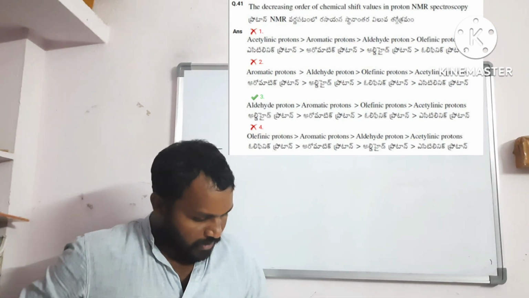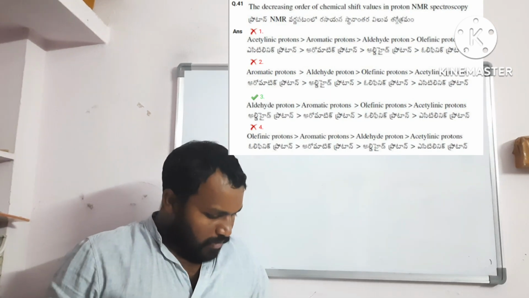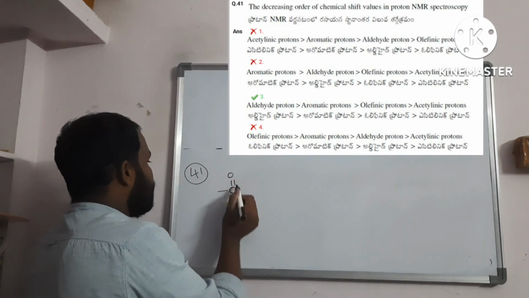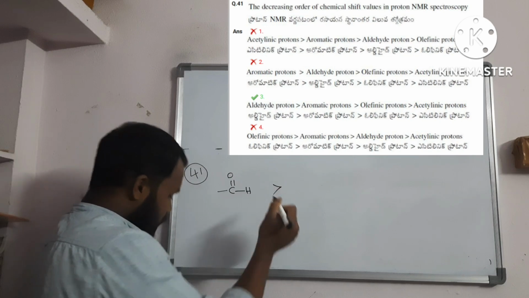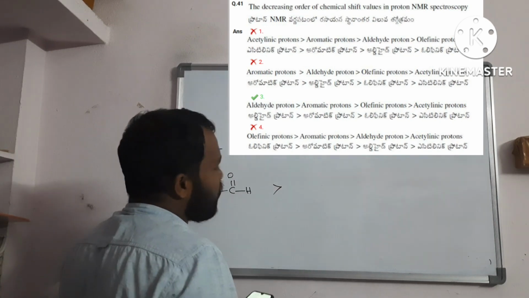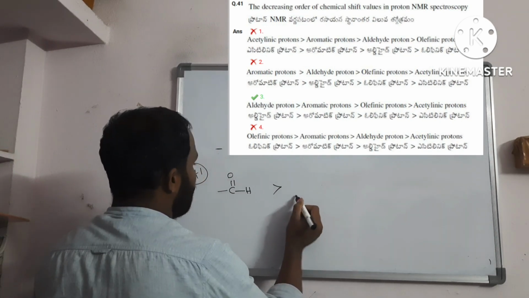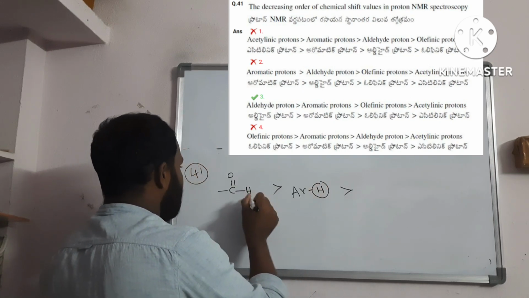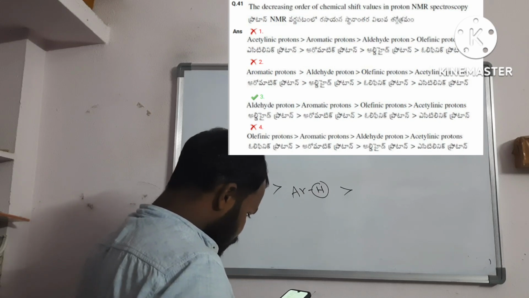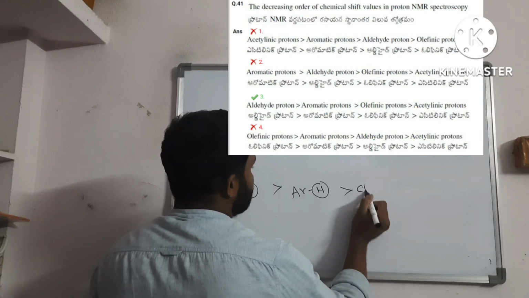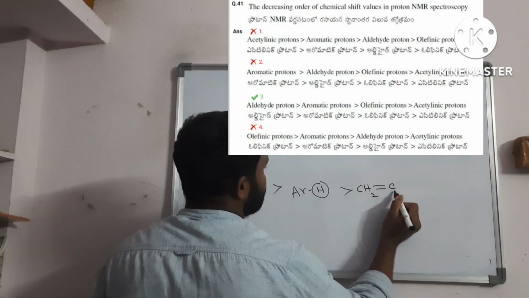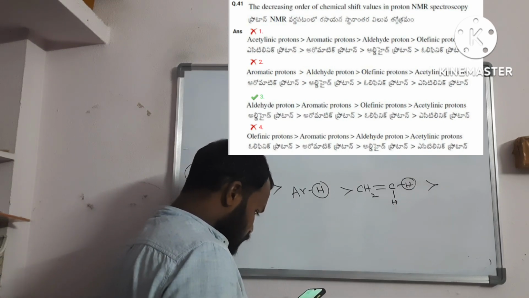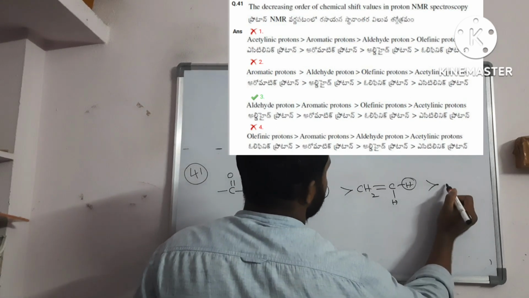You can see they gave aldehyde protons, so I am writing the aldehyde proton is greater than the aromatic proton, then the olefinic proton, for example in an olefin, and then the acetylene proton.